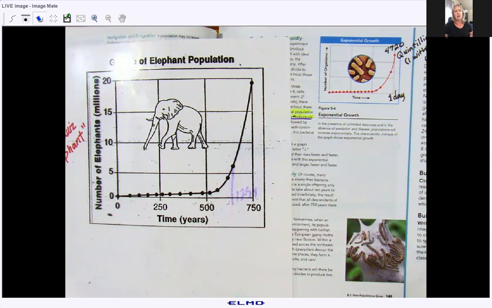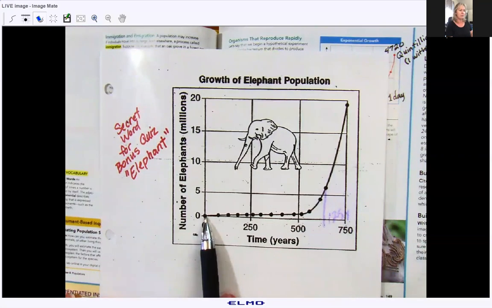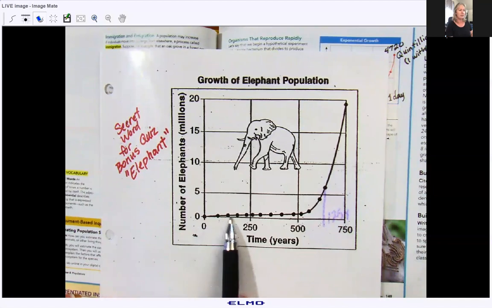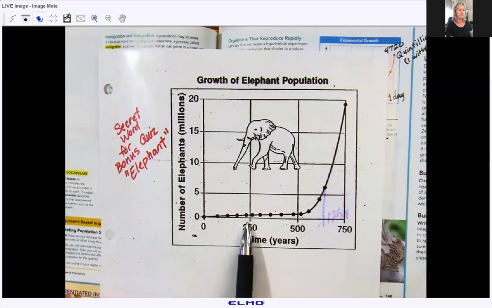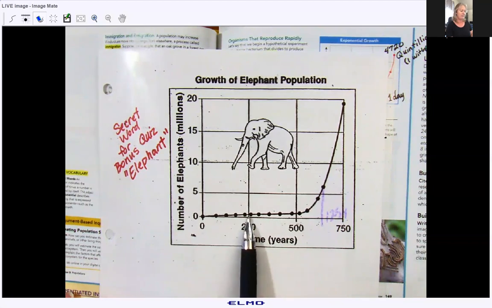So if you consider all those factors and you start with a couple of elephants, how long would it take for them to grow exponentially? At 250 years, you have probably about 500,000, something like that.